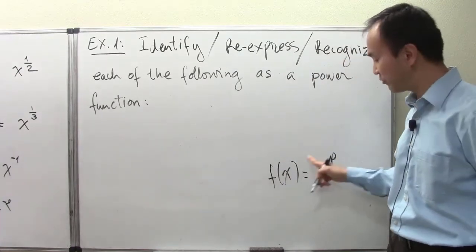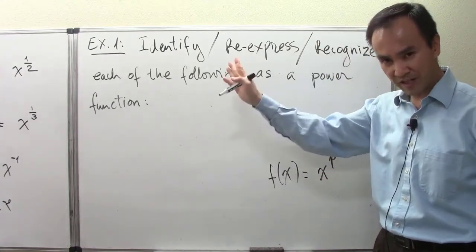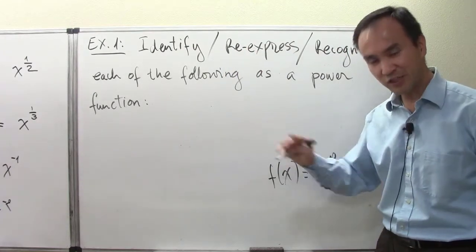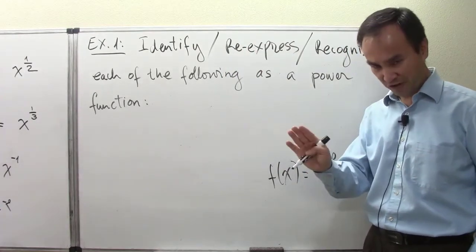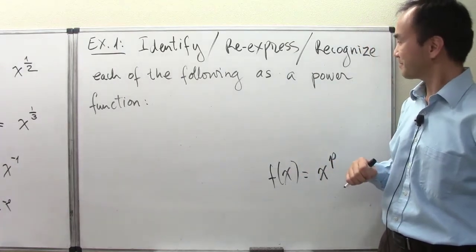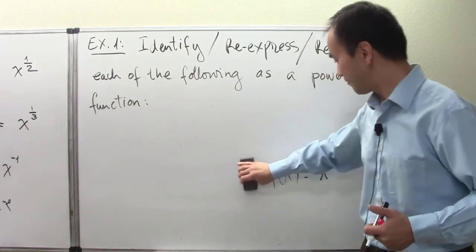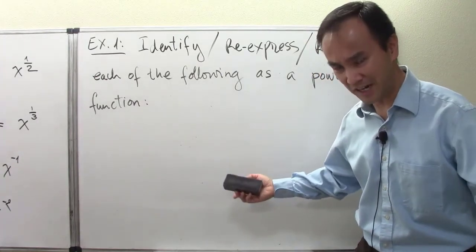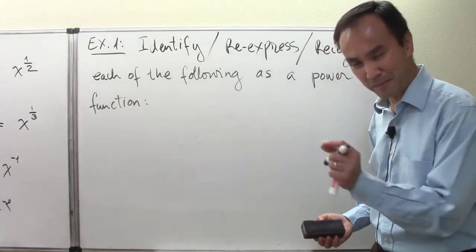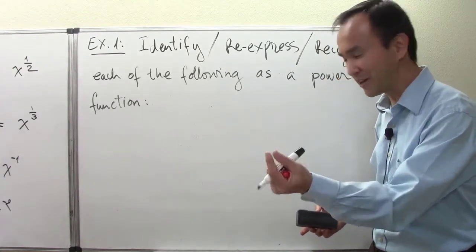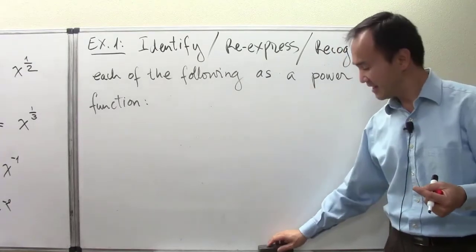As long as we reach that goal, re-expressing our function into this form, inputs raised to a power p, we're good to go, and we say that our function there is clearly a power function. So we're going to have a whole bunch of functions given, and we know in the back of our mind that they are already power functions, but we just want to put them in the proper form, the ordinary form. That's the intention of this example.